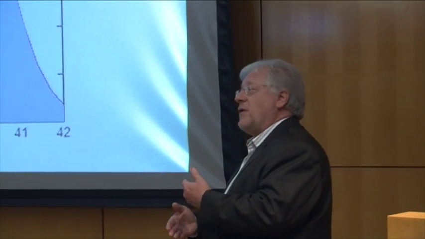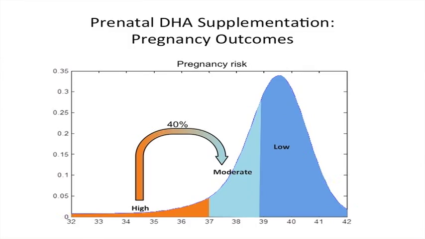This takes into account birth weight, birth length, gestation length, and a number of pregnancy variables. Our analyses suggest that DHA supplementation of the moms took 40% of the kids from the high-risk births and moved them into the moderate-risk births. So this was a really striking finding that we were very, very proud of.